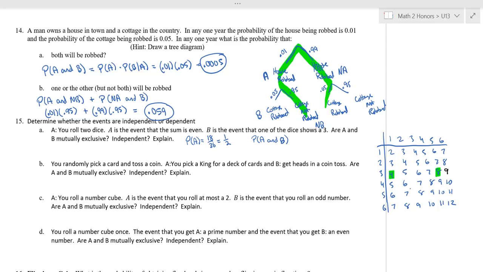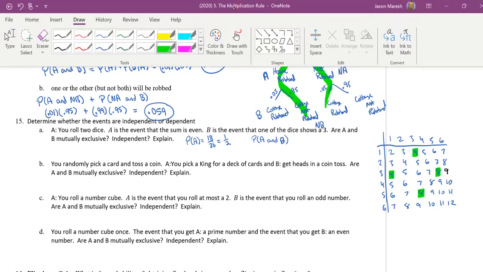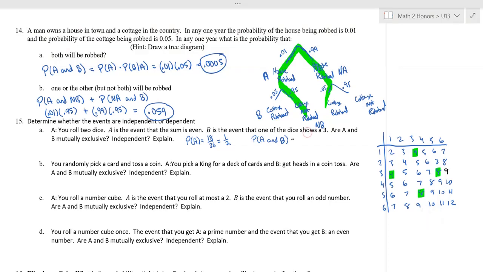So we could also have this 3 and 1, or we have 3 and 5 here. So it looks like 4 out of 36. Notice that that's not equal to 0, so they are not mutually exclusive.